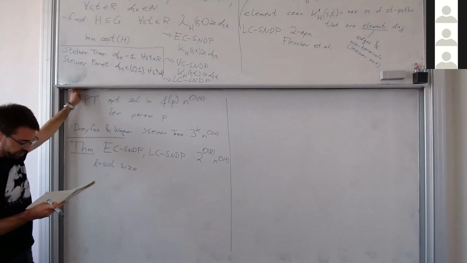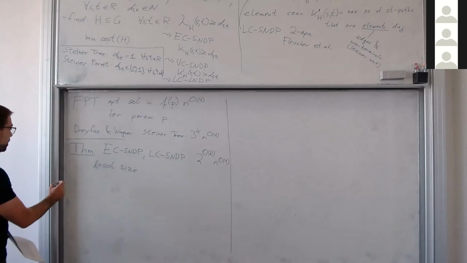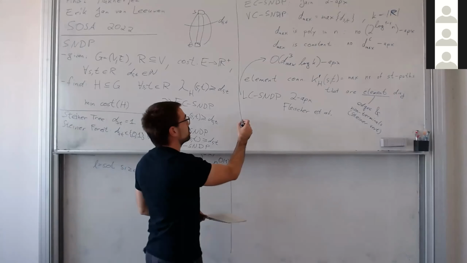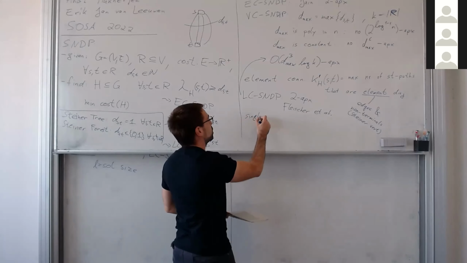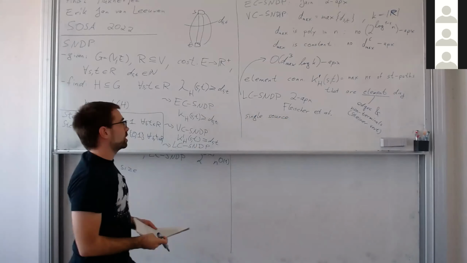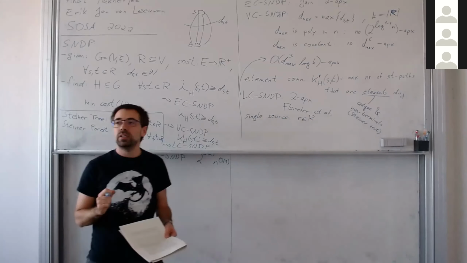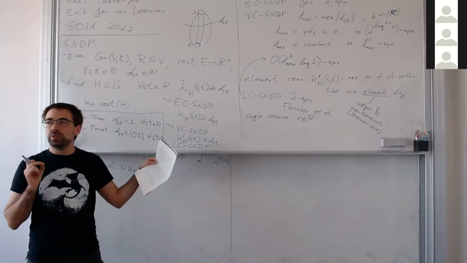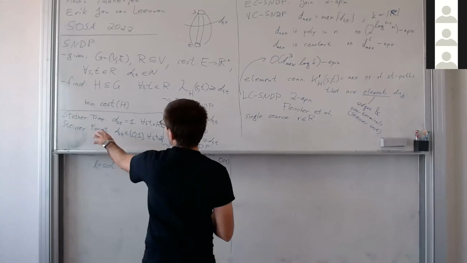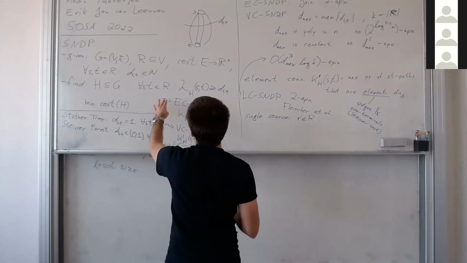First of all, let's look at single source, let me put it here, because there are actually some approximation algorithms here also. The single source variant means that there is a special terminal called the root, and the demands are only between the terminals and the root, and nowhere else. It's kind of like Steiner tree: you can think that one of the terminals is the root and you want to connect to the root, but now you have demands.